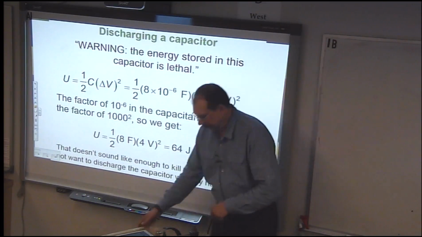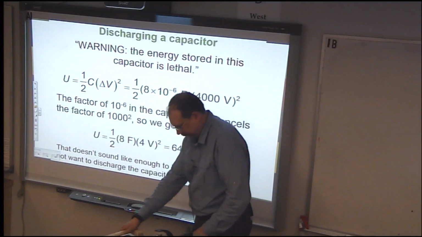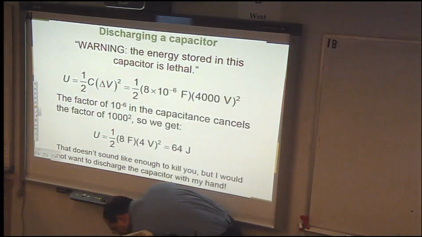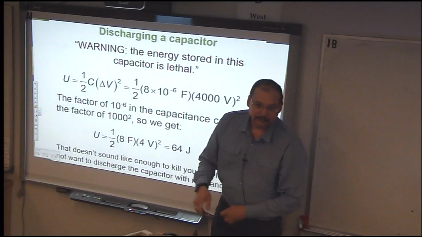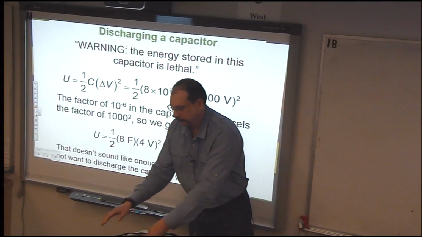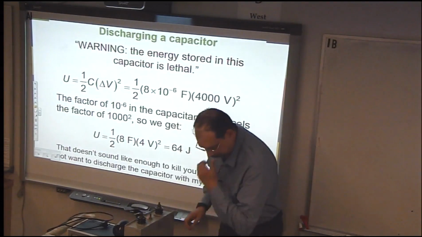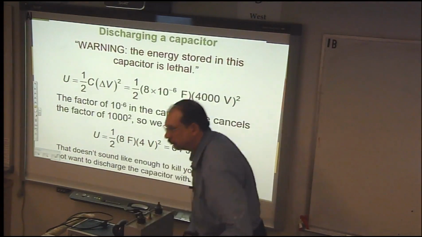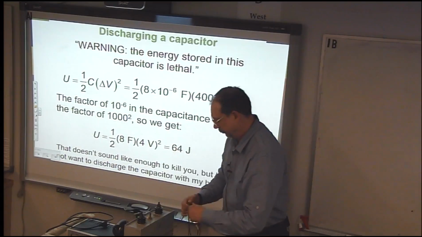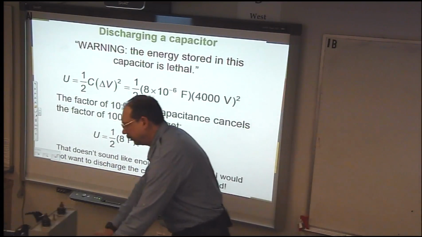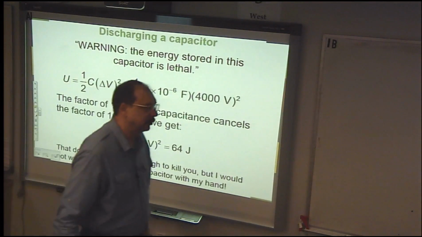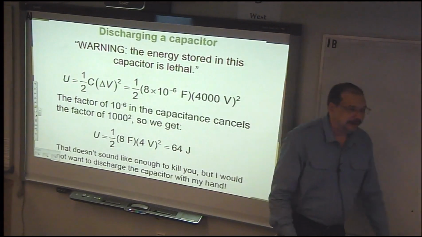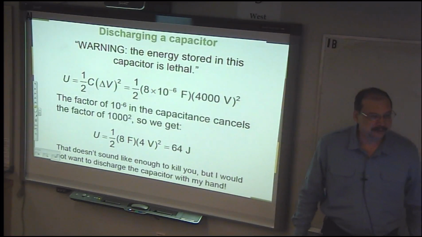Why is it dangerous? If you take 1 kilogram weight and you move it up 10 meters, that's going to be 100 joules of potential energy.